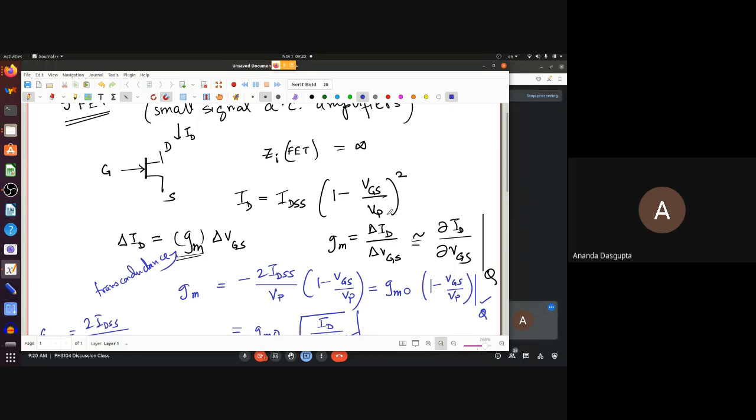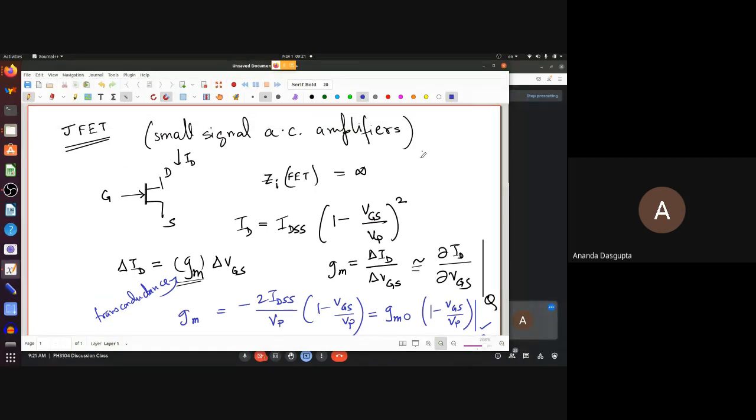Notice that ID could have depended on VGS, as well as could have depended on VDS, right? ID is the current through the drain. But remember when we talked about the FET characteristics, ID does depend on VDS in the linear ohmic region, but after that, it flattens out to a formula which is given by this.